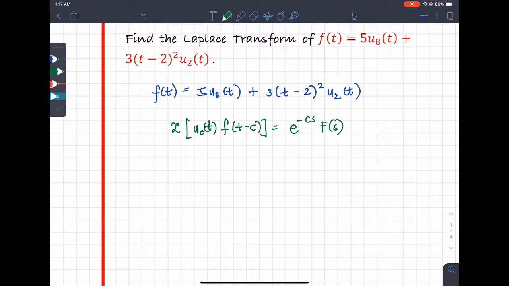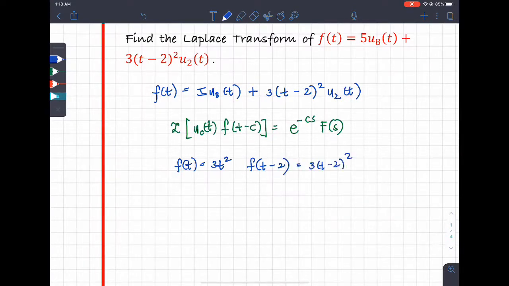Our f of t minus c there is the 3 (t minus 2) squared. So for our second term, our f of t is actually equal to 3t squared, and our f of t minus 2, where it is shifted, would be 3 (t minus 2) squared.